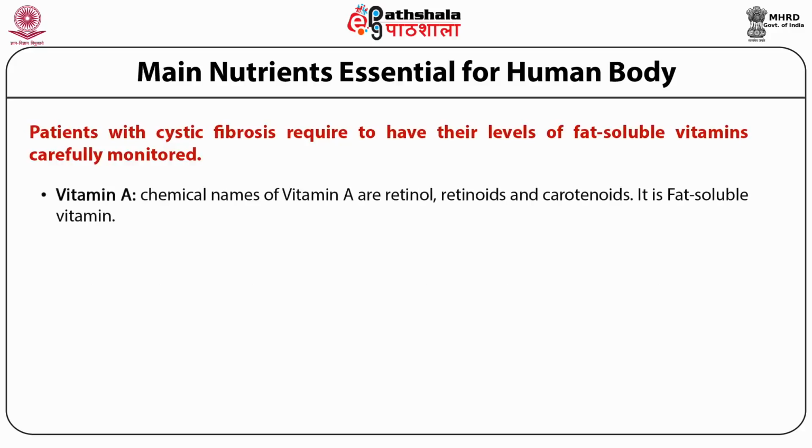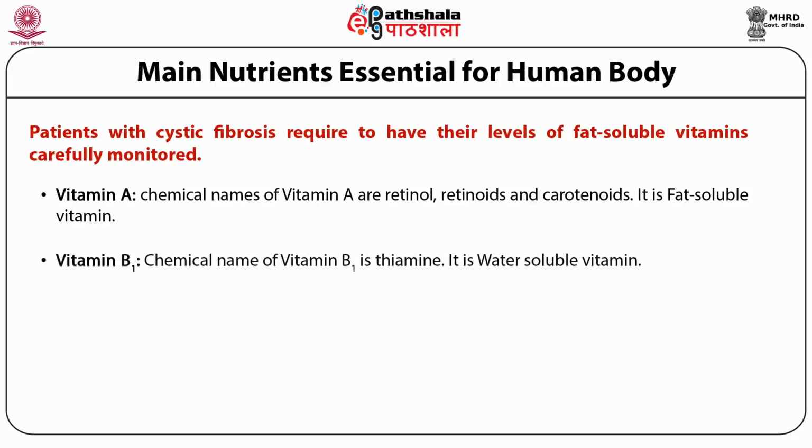Now, vitamin A, chemical name of vitamin A is retinol and retinoids and carotenoids. It is fat-soluble vitamin. Deficiency of vitamin A leads to night blindness. Overdose of vitamin A leads to keratomalacia, which is the degeneration of cornea.